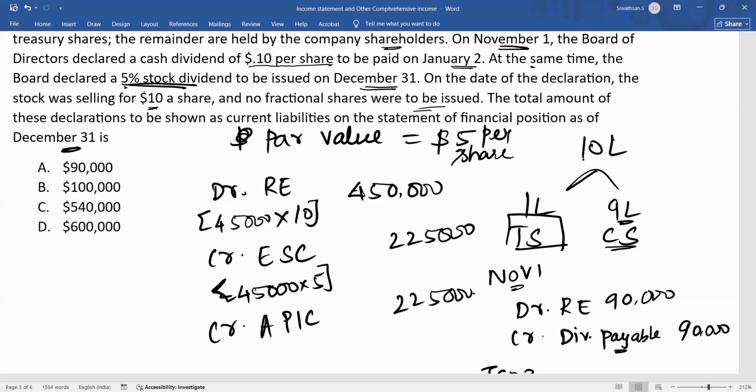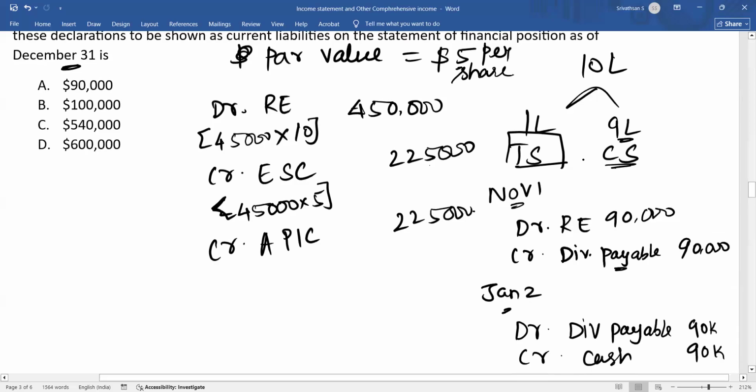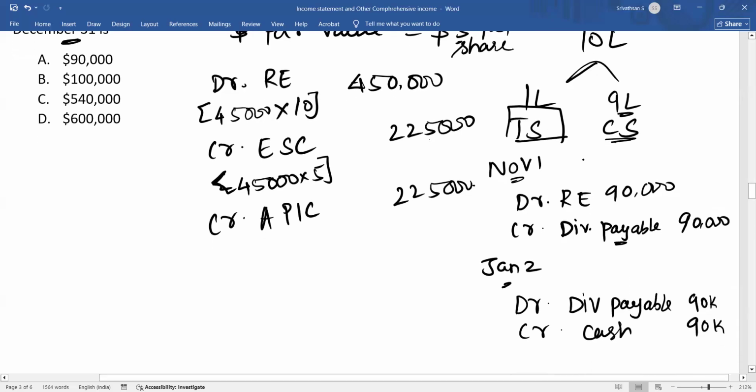So what is important to understand is in case of a cash dividend on the date of declaration, it is retained earnings to dividends payable, and on the date of payment, the journal entry will be dividend payable to cash. So here a current liability is created and then the current liability is reduced when the cash dividend is paid.